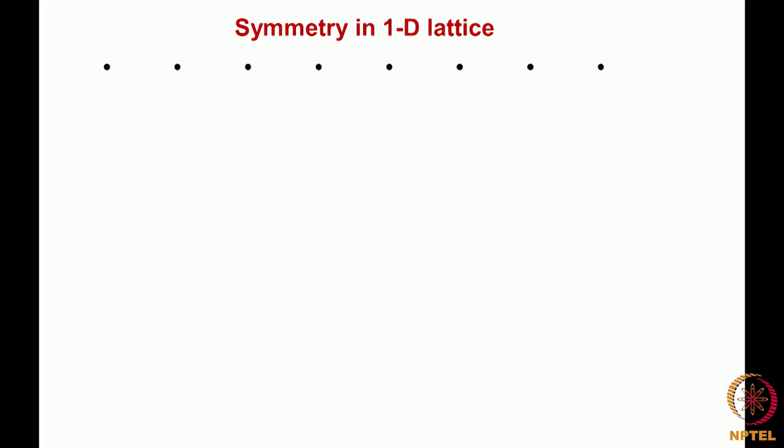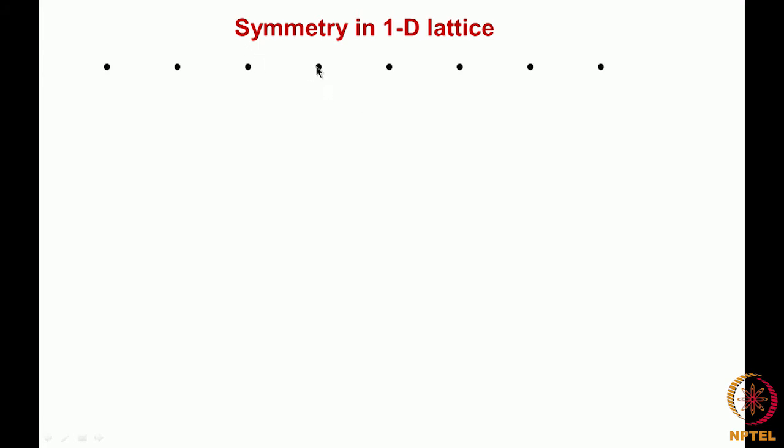This symmetry we call translational symmetry. Suppose around this point I try to rotate it by some particular angle, what will happen? It will come to a position which is inclined with respect to this, but it is distinct. So it is not coming to a position which is identical with itself. So that point here does not have any symmetry.